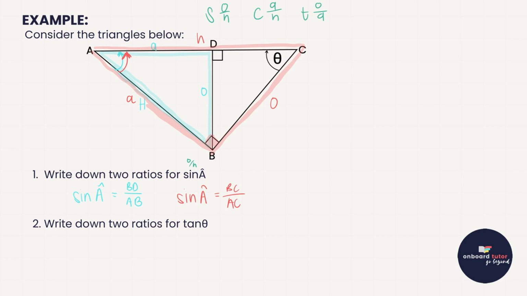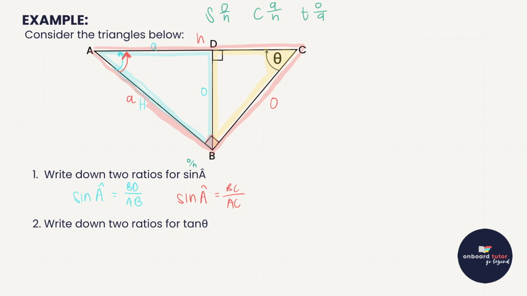Now they want two ratios for the tan of angle theta. I'm going to follow a very similar process, but now I need to reorientate myself because the angle they want is this one over here, angle theta. Let's start by making a yellow triangle here, because that's the one that contains the theta.